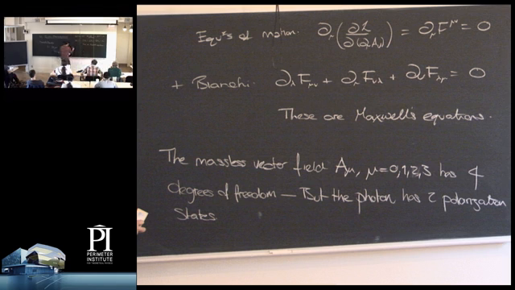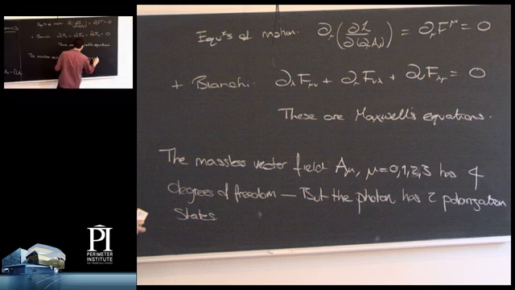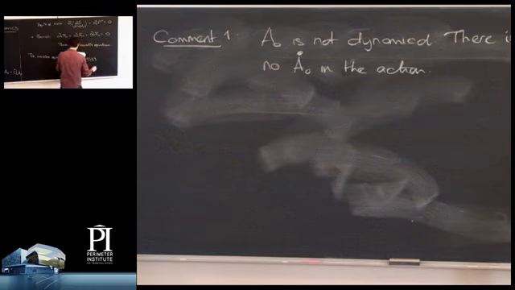So the massless vector field A mu, where mu goes from 0, 1, 2, and 3, has 4 degrees of freedom.